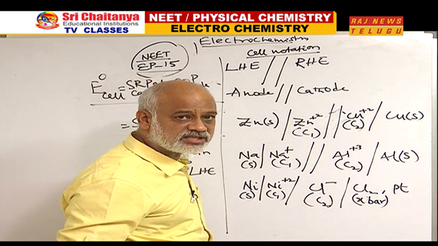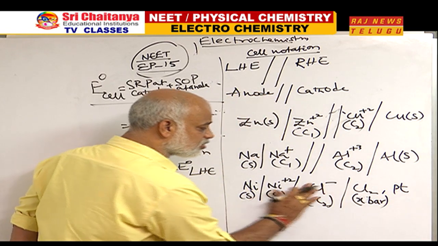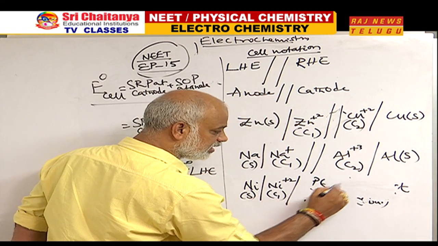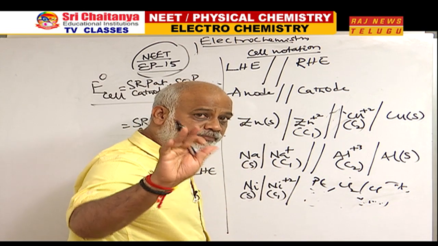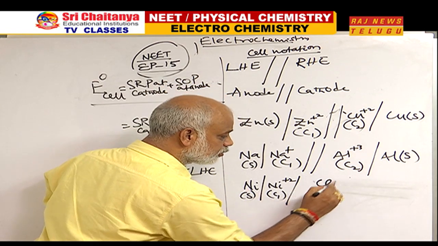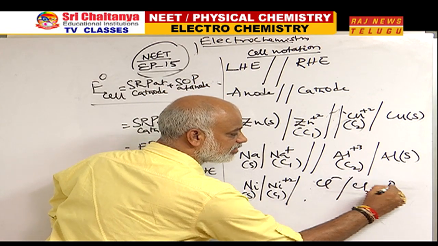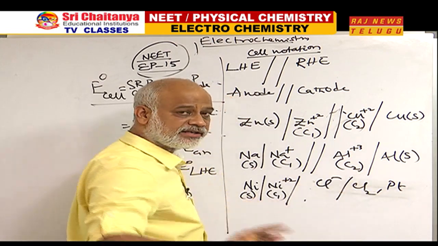While representing the cell notation, platinum should not come in between, meaning you should not write Pt Cl2 Cl minus. Actually it is correct, but it is not a proper convention. Therefore, to make it convenient, even though it is not proper, you write Cl minus Cl2 platinum.